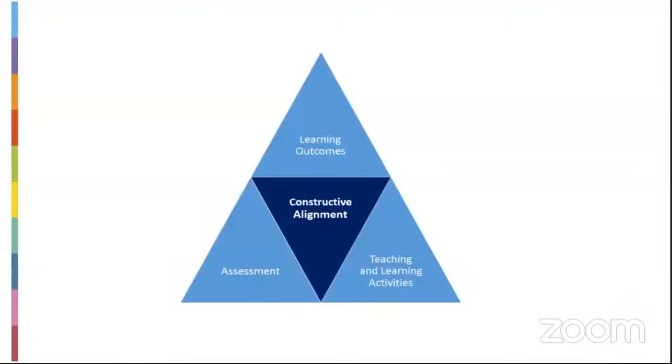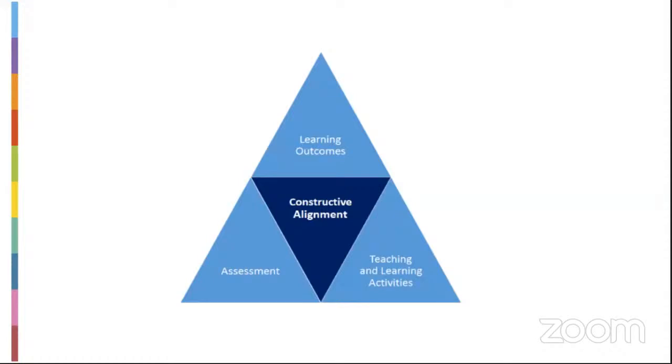You might remember this diagram from TPIP 200 when we looked at lesson planning, and it was the term of constructive alignment and the fact that your lessons are based on three very important principles: your learning outcomes, your teaching and learning activities, and your assessment. And we looked at the fact that each one of these components needs to be aligned to each other.